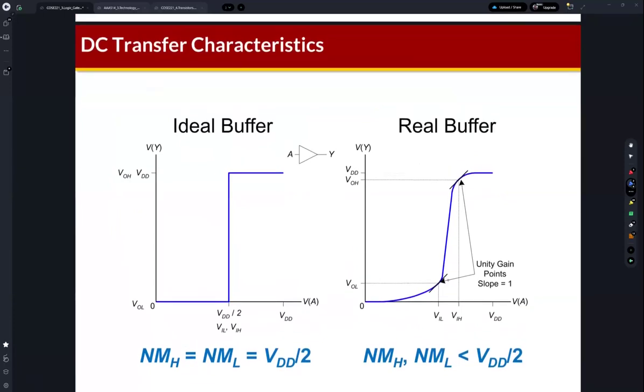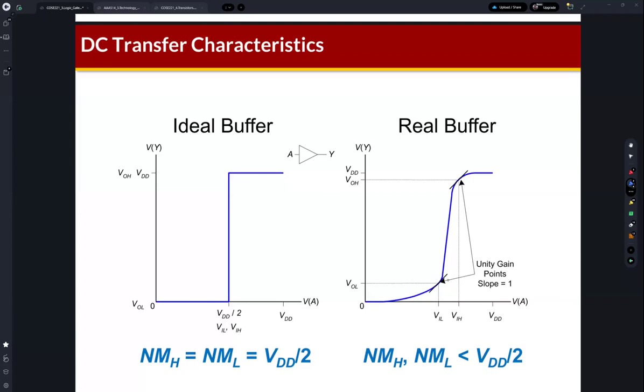I will also explain some real behavior of electric circuits. If we understand the behavior of an electric circuit purely digitally, then the behavior looks like this.